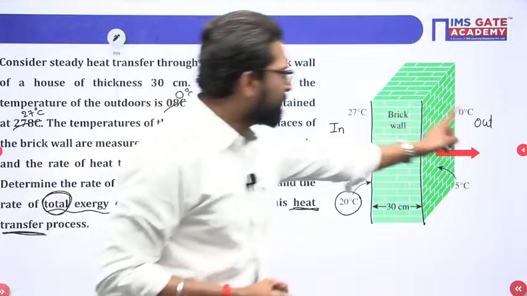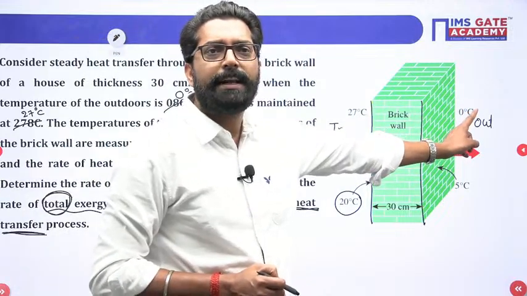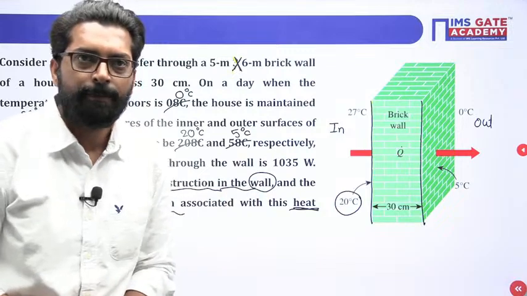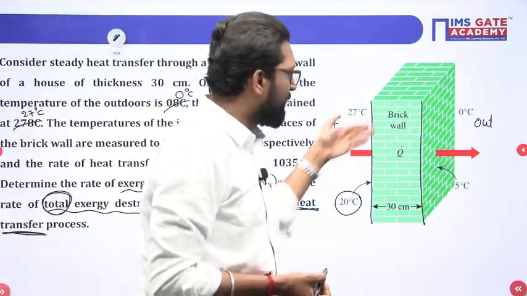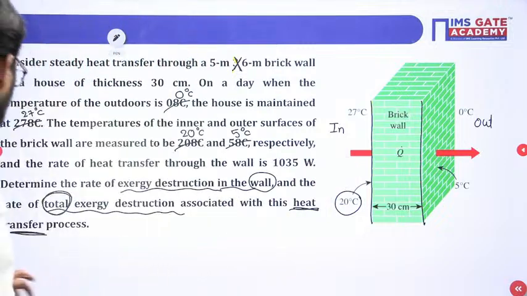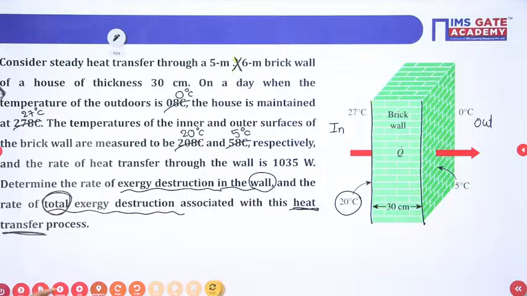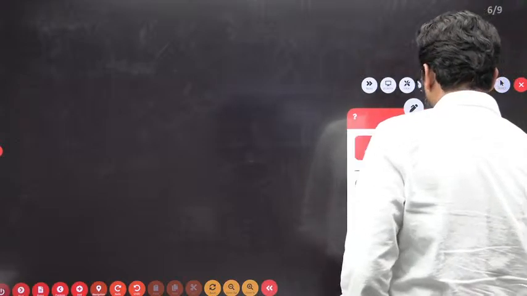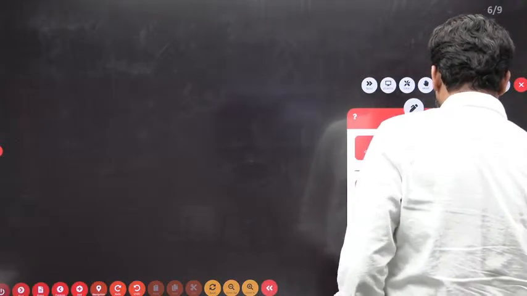The outside surrounding is 0 degrees centigrade, and the inside surrounding is 27 degrees centigrade. Heat will transfer from high temperature to low temperature. Clear? So we'll try to solve this problem. This is a very good problem. Let's start with this one.